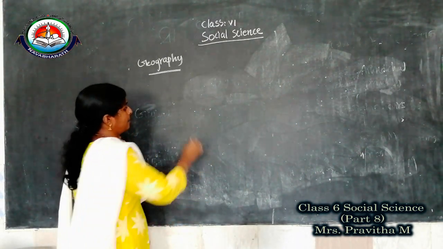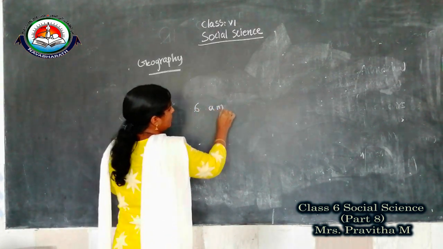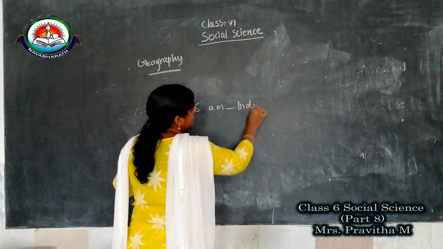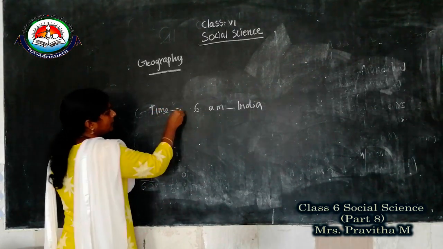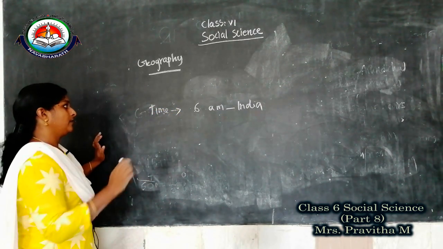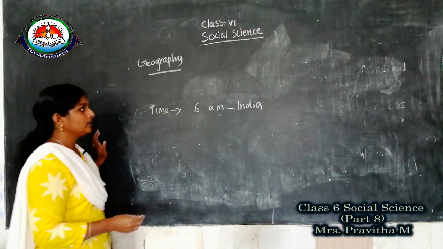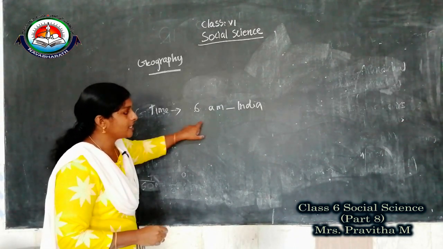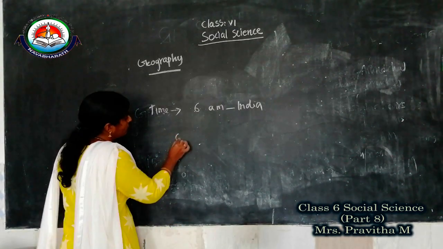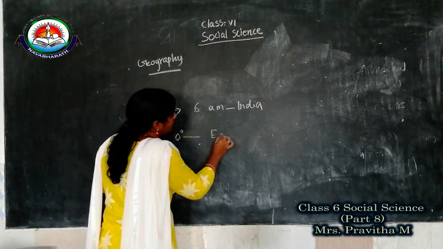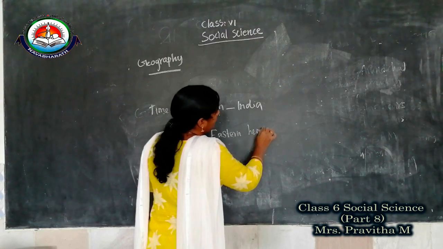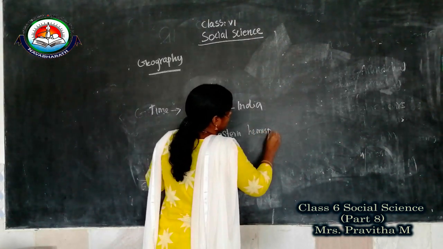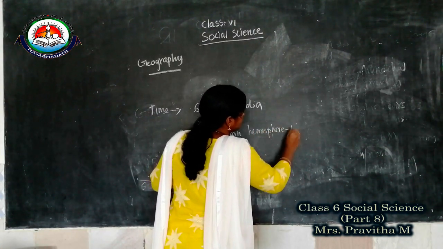Now it is 6 a.m. in India. Then what is the time in London? We are in the eastern hemisphere. Children, when we are moving from the Greenwich line to the eastern hemisphere, time will increase, which means time will be ahead.